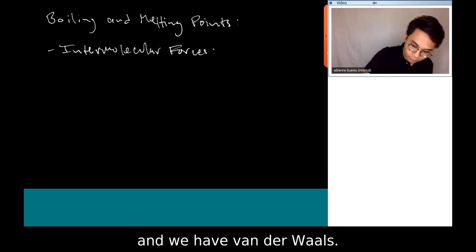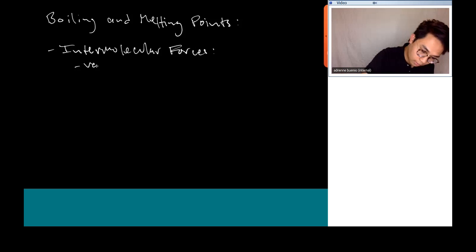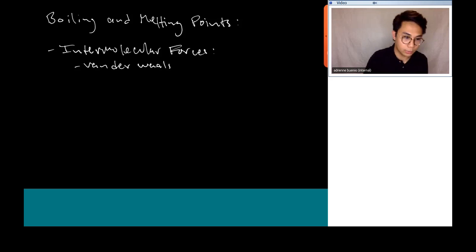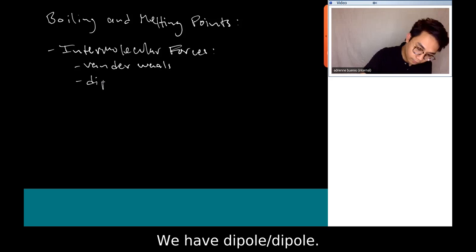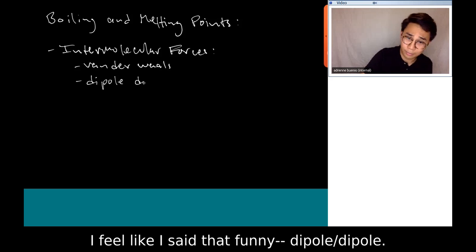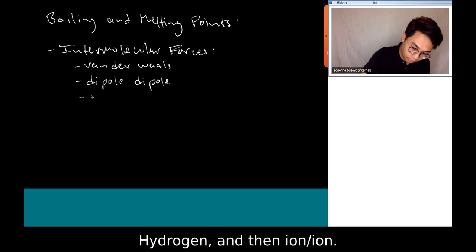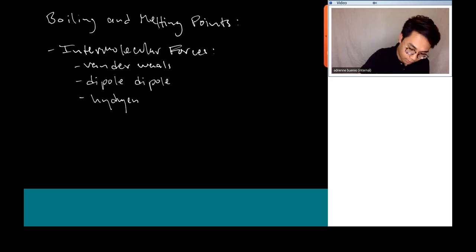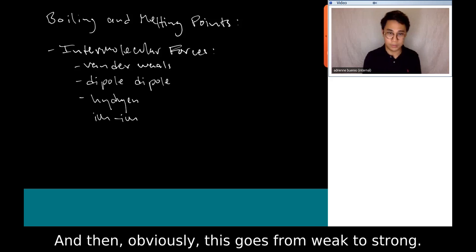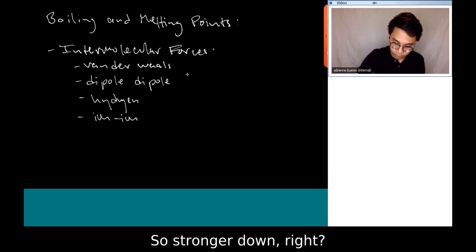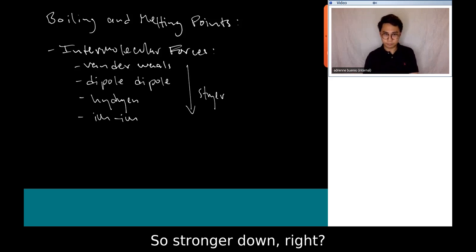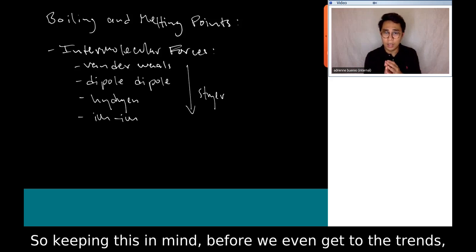And we have van der Waals, we have dipole, hydrogen, and then ion, right? And then obviously this goes from weak to strong. So stronger down, right?